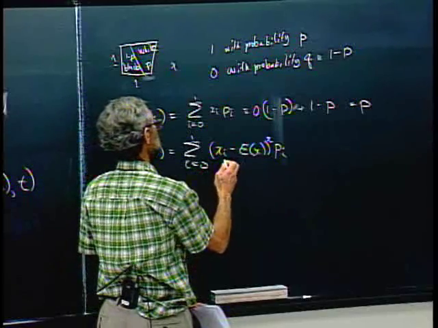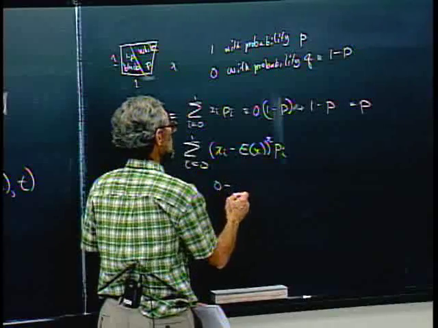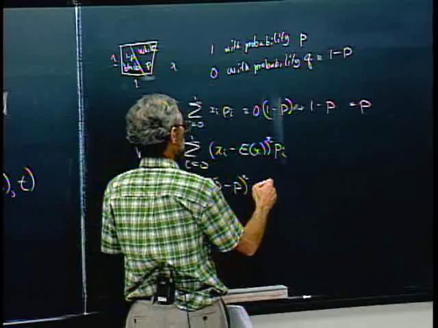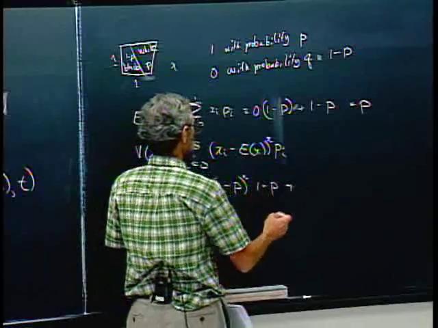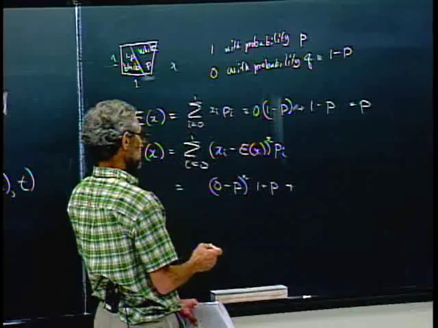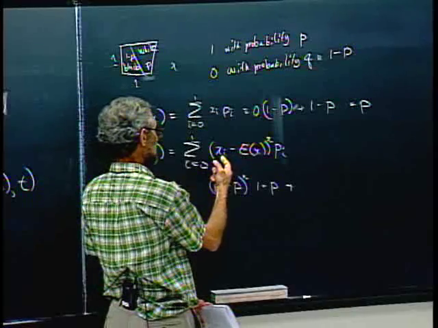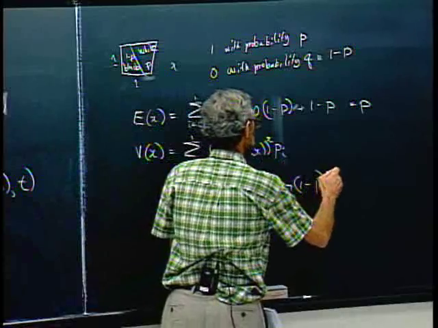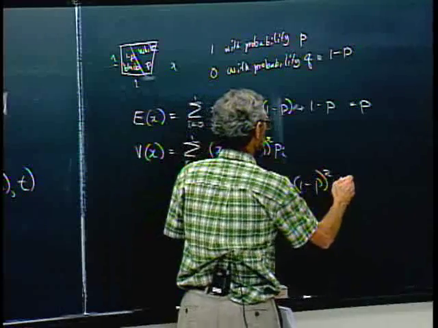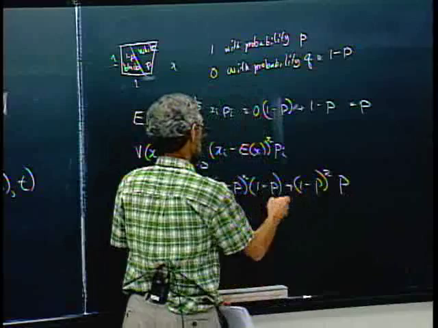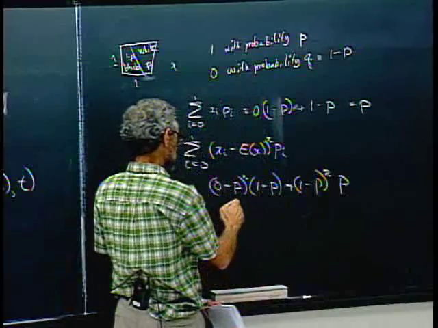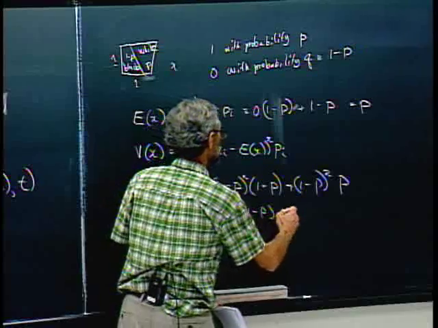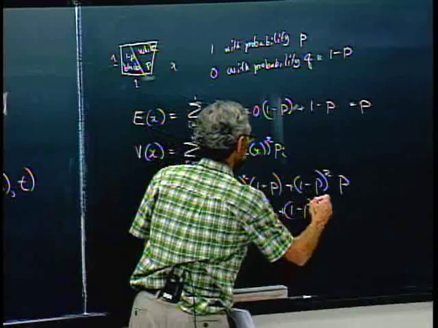If xi is 0, we have 0 minus the mean squared, and the probability of getting 0 is 1 minus p, plus, if xi is 1, then this thing is 1 minus p squared, and the probability of getting 1 is p. So this is actually p squared times 1 minus p plus 1 minus p squared times p.